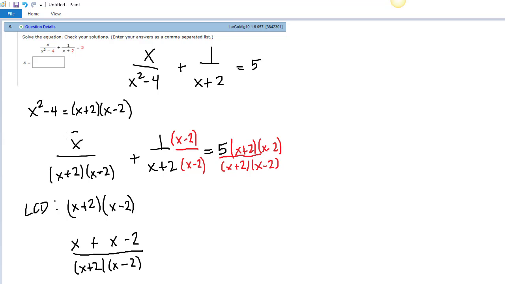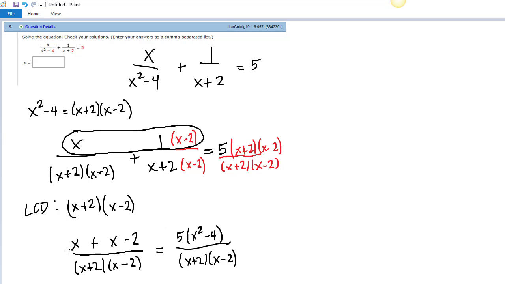All I did was combine all of this information. So we had a 1 here, 1 times x minus 2, so that's just x minus 2. And then over on the other side we have 5, and I'm going to go ahead and turn that back into a difference of squares in that numerator.